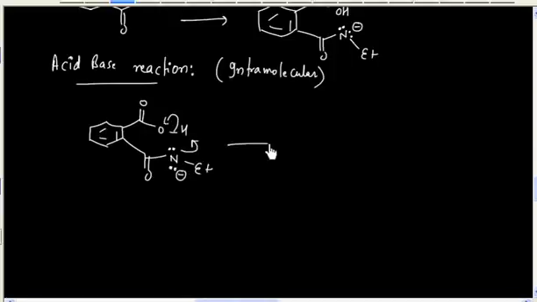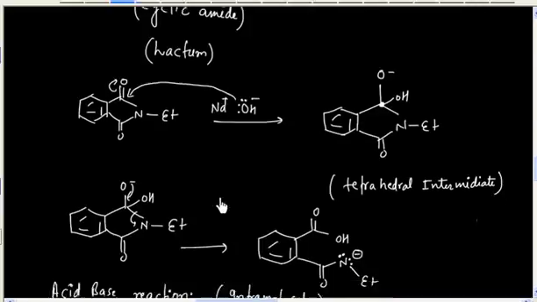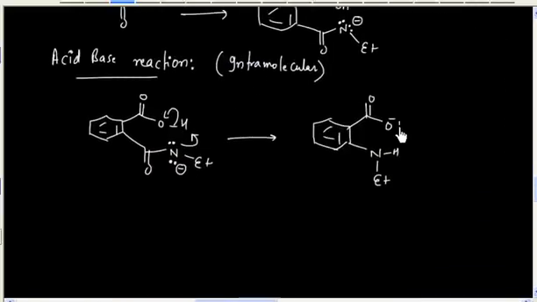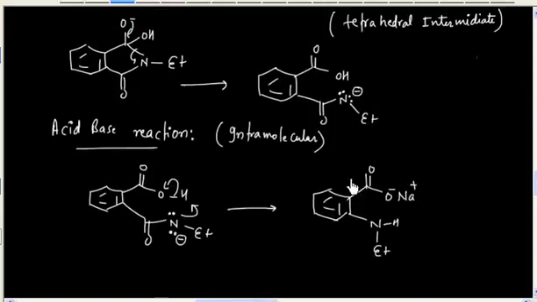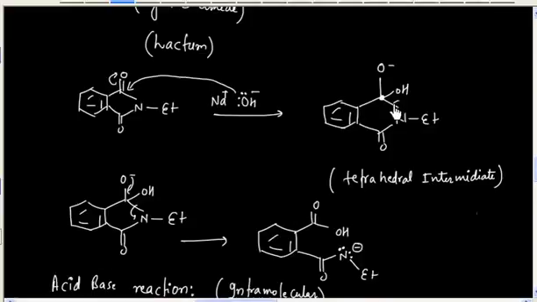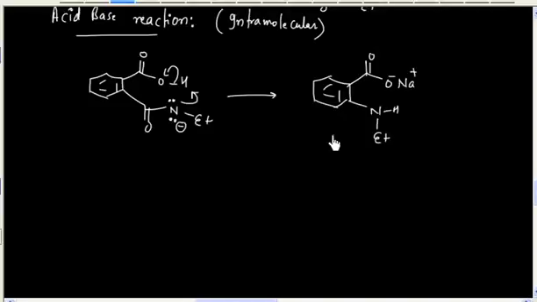Nitrogen will take a proton, so we will have this product. Let us say the medium has Na plus, so we will have the sodium salt of acid. So this is half hydrolysis. What we have done, we have broken this bond and we have added a hydrogen to the nitrogen. So this is half hydrolysis.